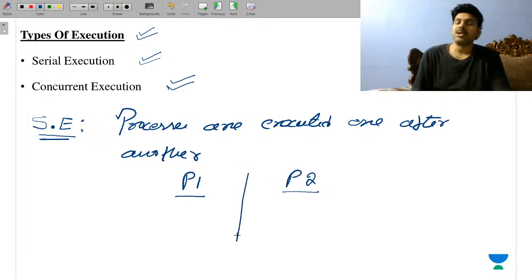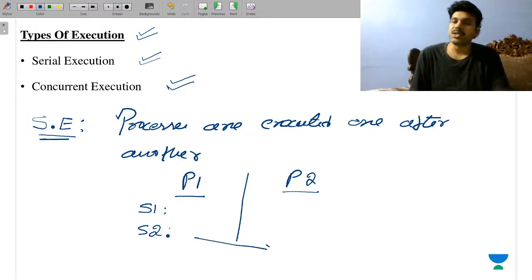It may be a thread or a process; both are similar because a thread is a part of your process. Now, when I am running statement 1 and statement 2 of process 1, after their completion we begin the other process's statements, like statement 3 and statement 4.